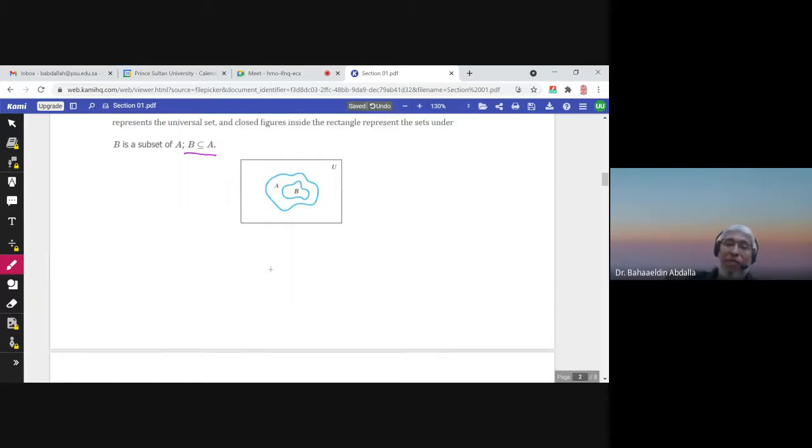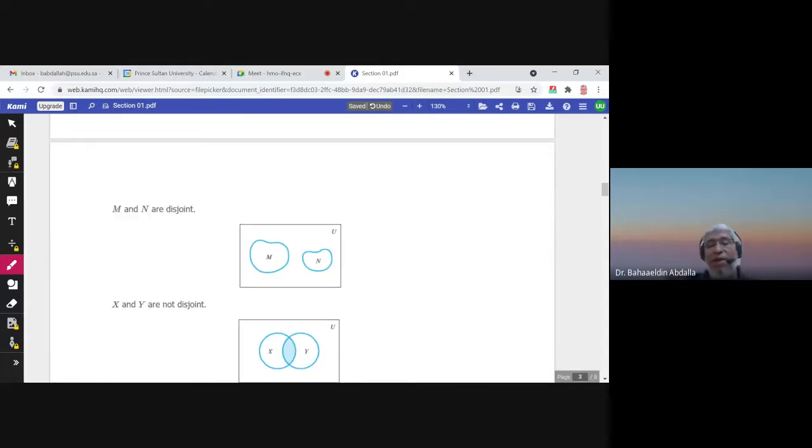under consideration. For example, here this is the universal set, and here we have a set A and a set B. We can see that B is a subset of A because B is inside A. So any element of B is an element of A. Here we can see that M and N are disjoint because they have no elements in common.